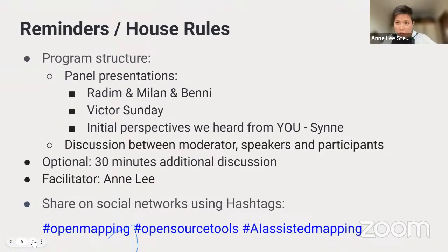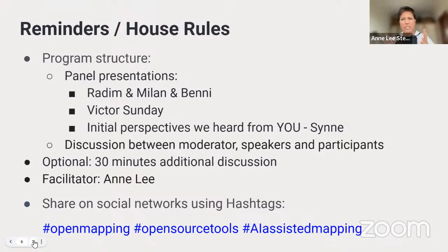A little bit about the structure for this seminar, as well as the one happening later today: we'll go through a series of presentations by Radim, Milan, and Benny, and then we'll pass the mic to Victor Sunday, and then we will hear from Sine, who will talk about various discussions and research projects around this topic of AI and how it's used within OpenStreetMap.